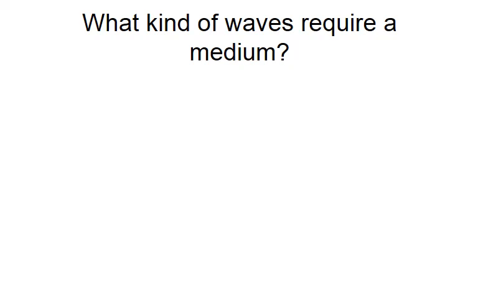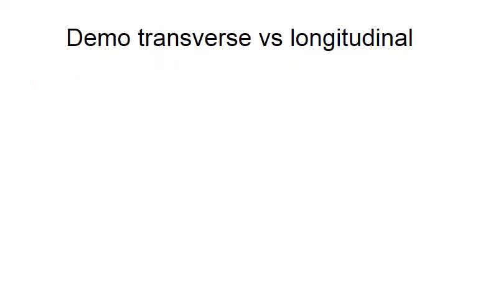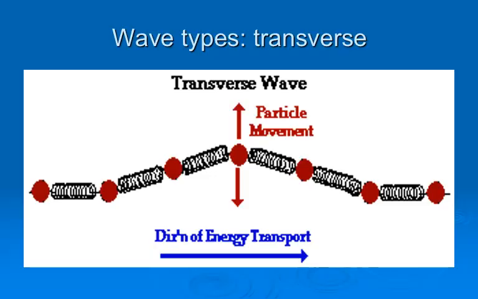So what kind of waves require a medium? The waves that we've looked at are mechanical waves. And we've looked at a lot of different kinds of mechanical waves, and they can fall under the categories of transverse and longitudinal. It's important to remember the distinction between those. If you remember, with a transverse wave, the movement of the particles is perpendicular to the wave motion.